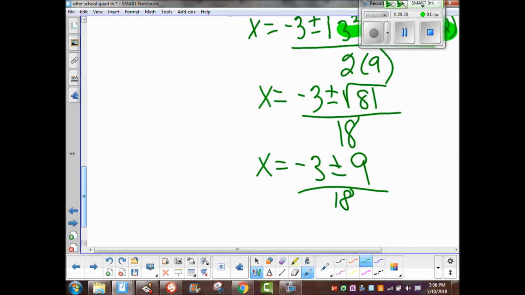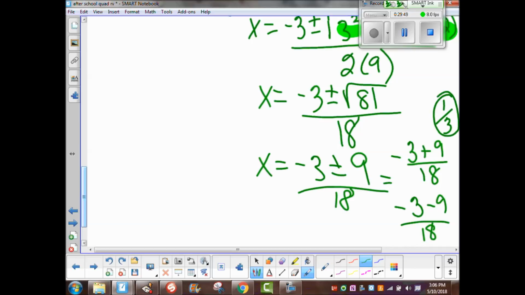Now let's break that up into our two solutions. Negative 3 plus 9 over 18, and negative 3 minus 9 over 18. So in the top one we get 6 over 18, which simplifies to 1/3. There's one of my solutions.